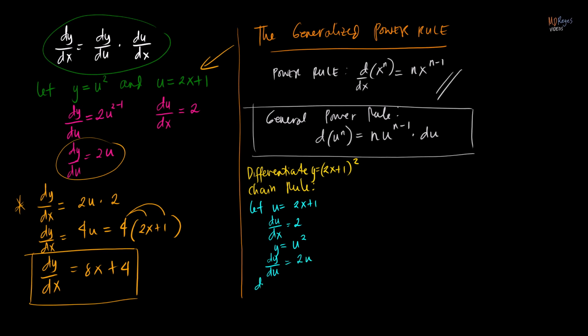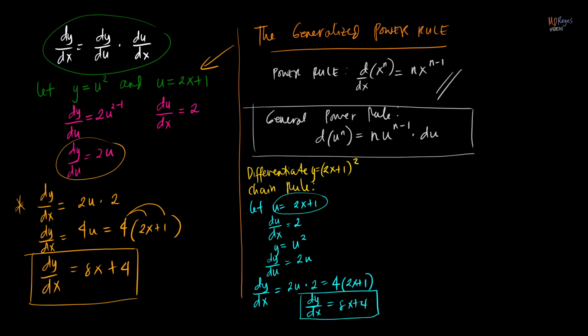So by chain rule, dy over dx is equal to 2u times 2, so 2 times 2 is 4 times u. Writing u in terms of x, 2x plus 1, and simplifying, we get the derivative of y with respect to x equal to 8x plus 4. That's what we obtained a while ago.